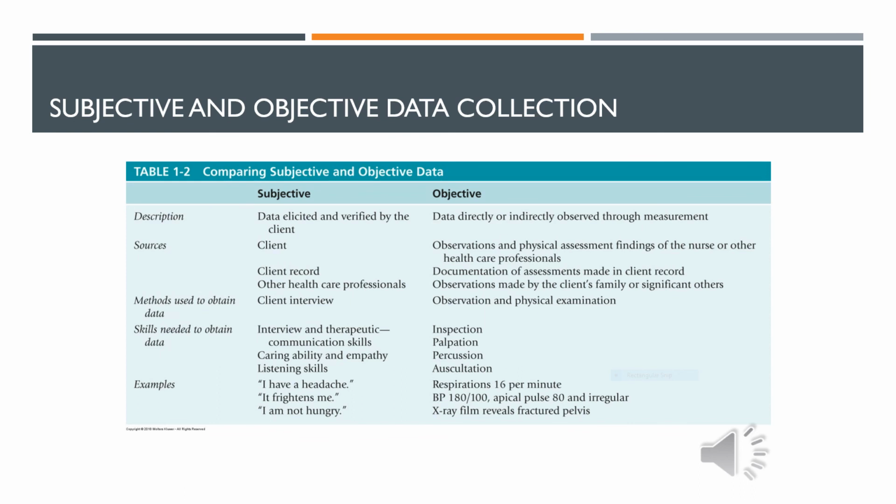It's all about what the patient feels and their symptoms. That's what your subjective data is. It is what the patient tells you, and it is verified by the patient, by the client. We will be talking more about objective data collection in the next presentation.